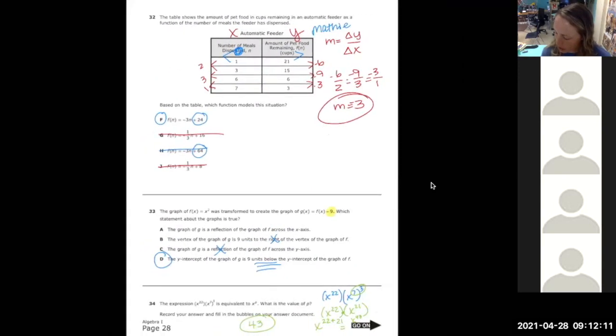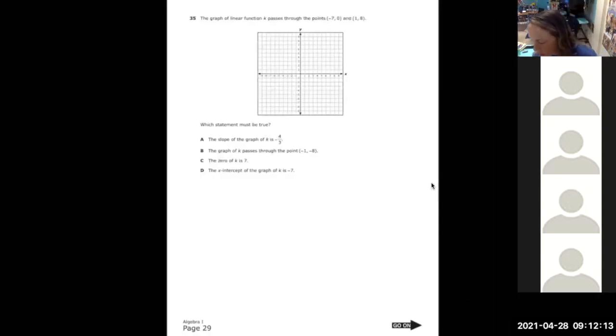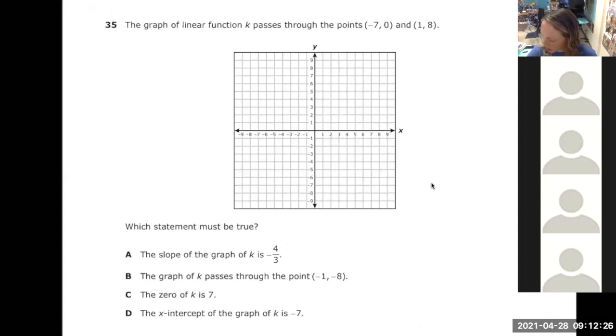All right, on to 35. The graph of the linear function k passes through the points -7, 0, and 1, 8. Which statement must be true? So let's graph this on our sheet. So we got -7, 0. Remember that the coordinates go in the order x, comma, y.